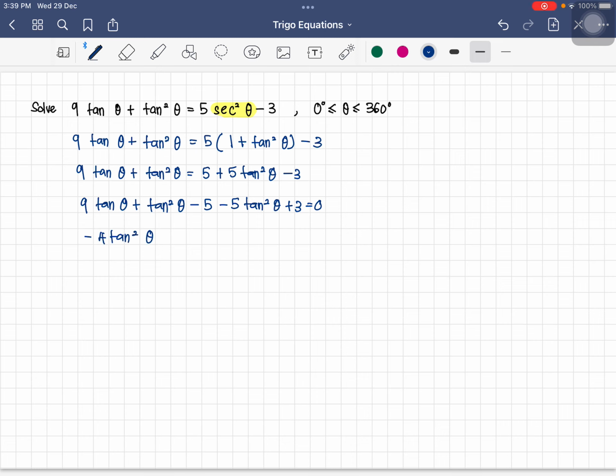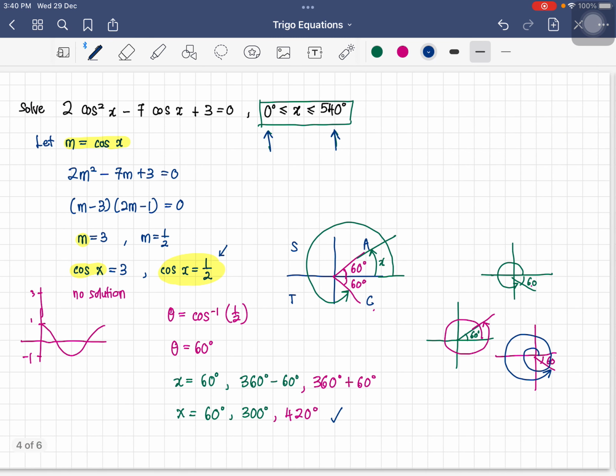And then I have 9 tangent theta, and negative 5 plus 3, I've got that one as negative 2, which is equal to 0. Make it positive, therefore I have 4 tangent square theta minus 9 tangent theta plus 2, which is equal to 0.